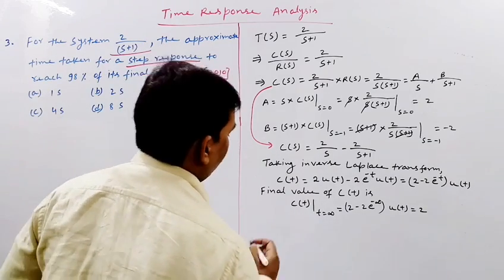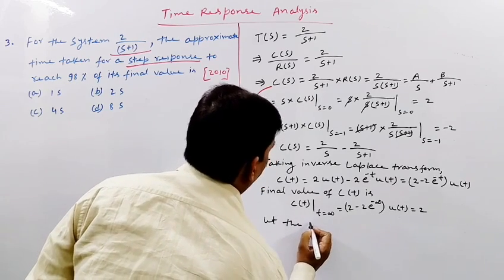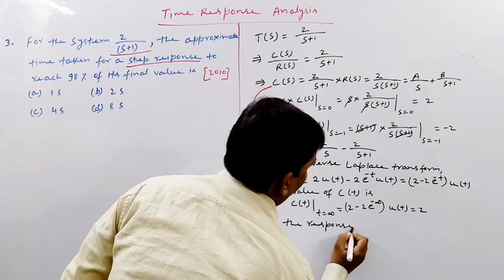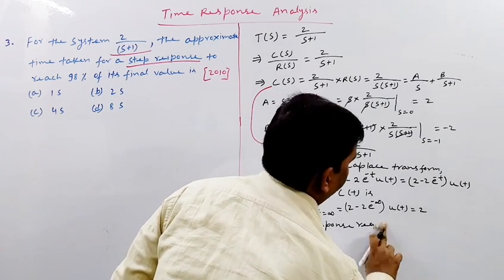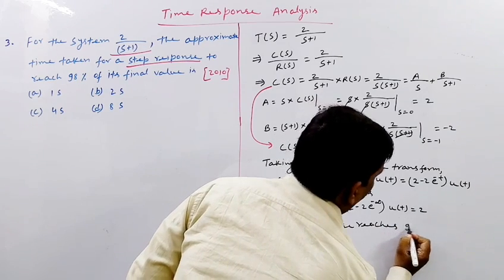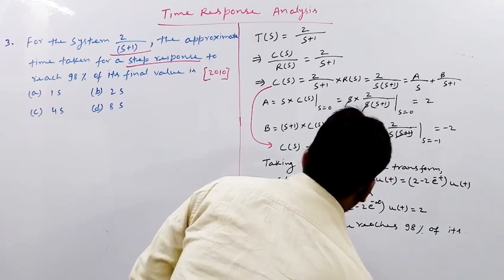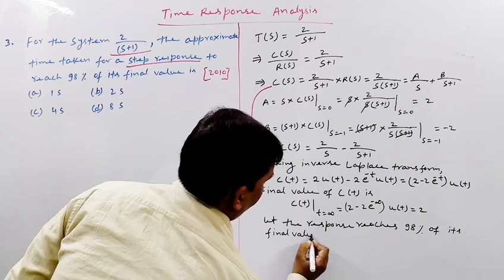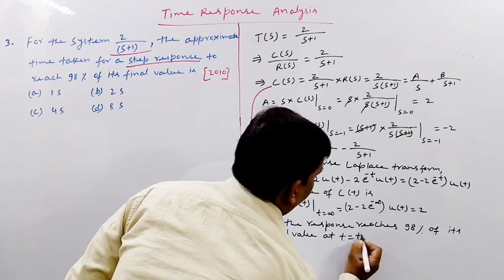So let the response reach 98% of its final value at t equal to t dash.